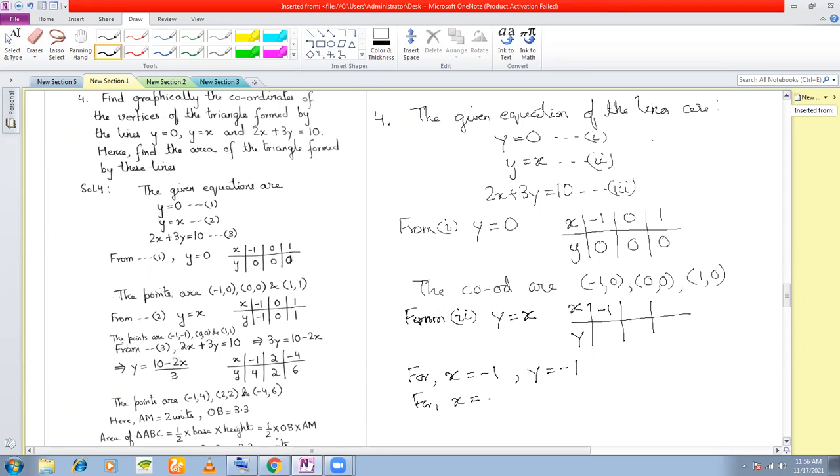For x is equal to 0, y is also equal to 0, because y is equal to x. And for the third one, let's take 1. So for x is equal to 1, y is equal to 1. So all these are same, -1, 0, and 1. Right. So what are the coordinates here?